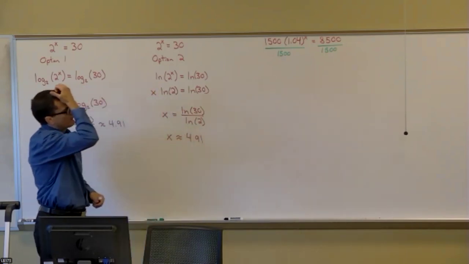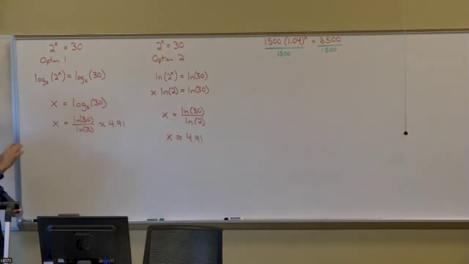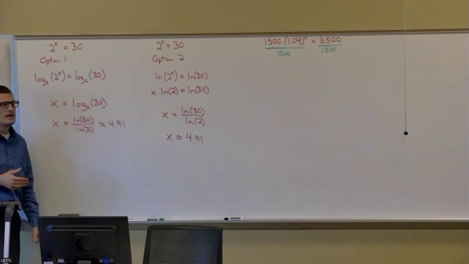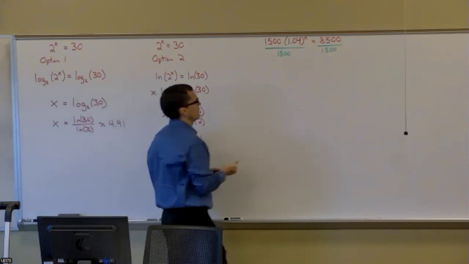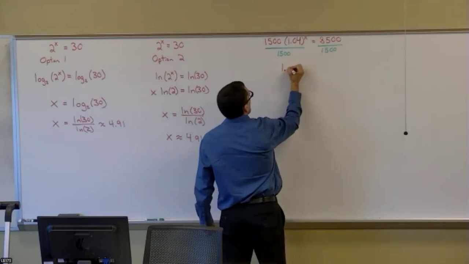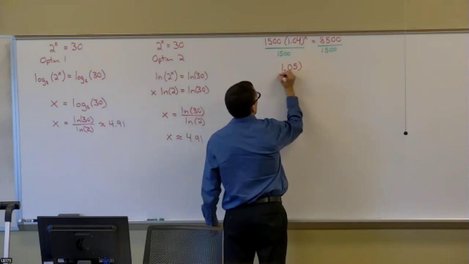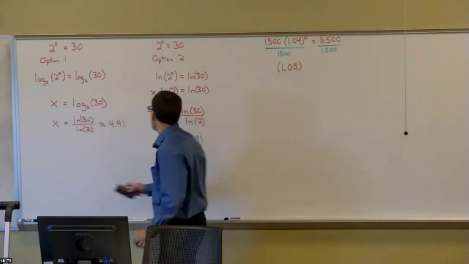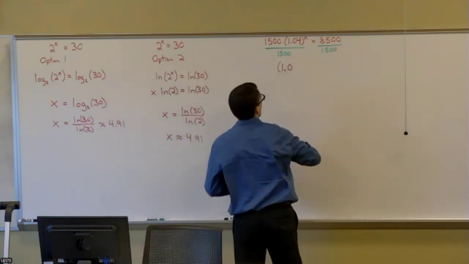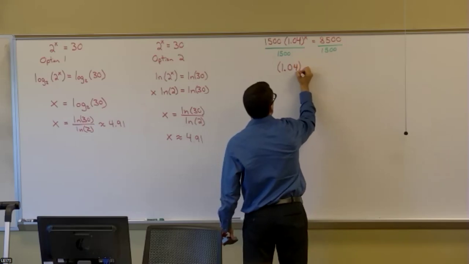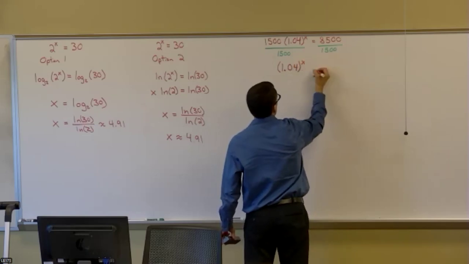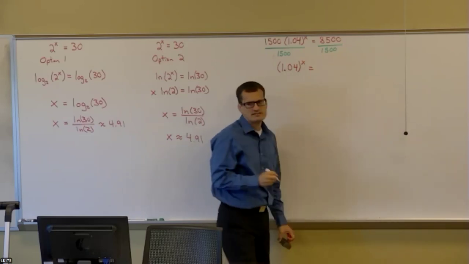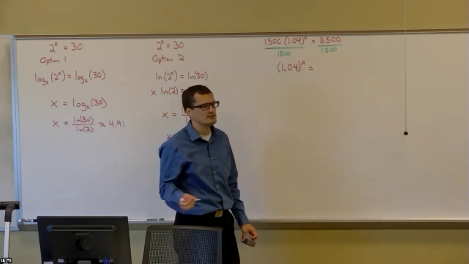All right, so let me go through this. Regardless of which option you use, we still have to get rid of that coefficient out front before we apply our logarithm. So we would divide both sides by 1500. When I take 8,500 and divide it by 1500, I get 5.6 repeating, or 5 2/3.